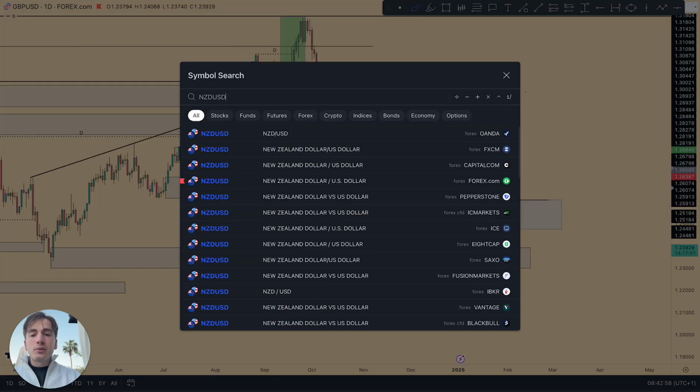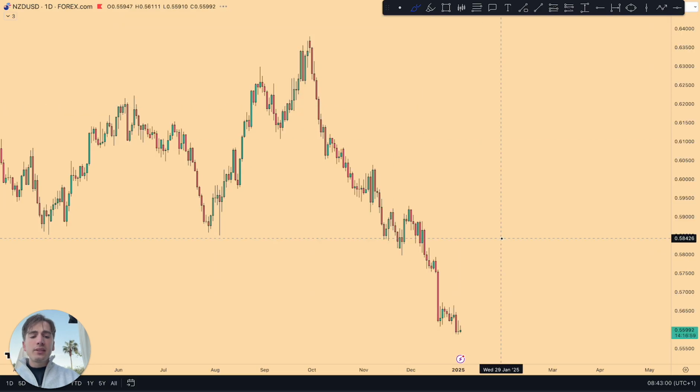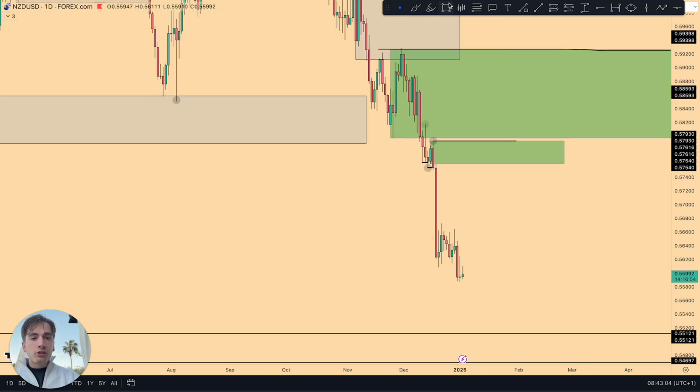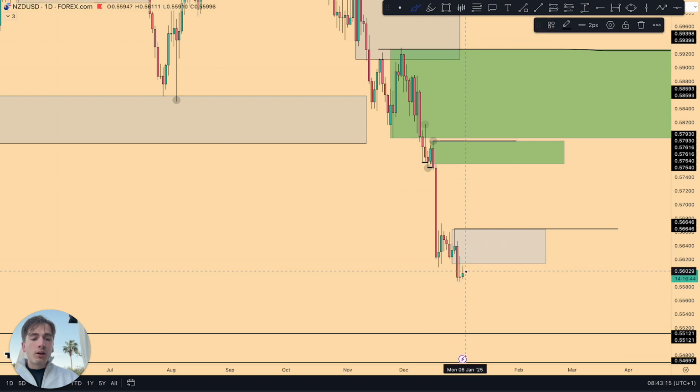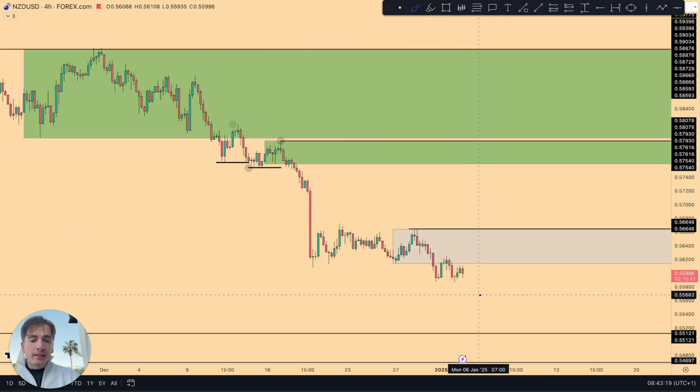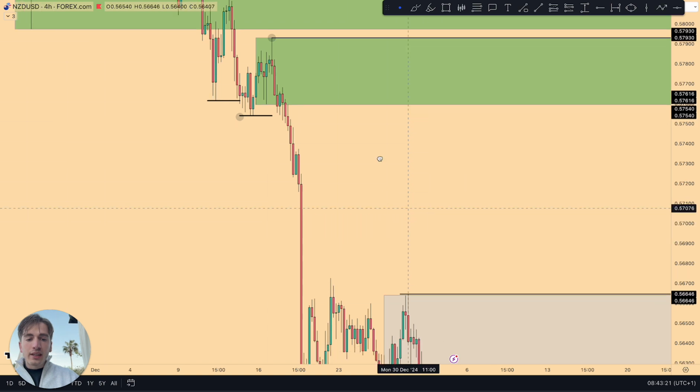Going into NZDUSD next. NZDUSD is very similar to AUDUSD. Overall, we saw again a very nice reaction to this overall area of supply. This is currently your fractal high over here, and we should just head down lower once again after tapping in towards there. As long as that daily fractal high is respected, shorts are still on the table.